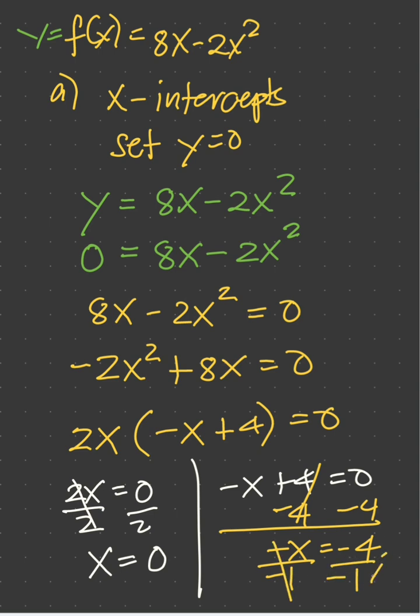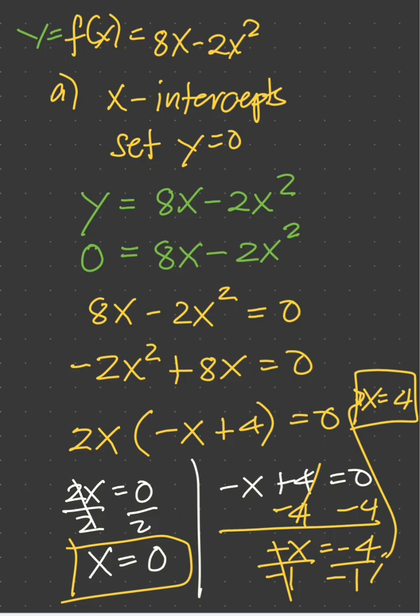Therefore, x is equal to 4. So we have x equals 0, x equals 4. Therefore, the x-intercepts are (0, 0) and (4, 0). You got that? Alright, so no questions on this, the x-intercepts? Okay, can you go to the next page?